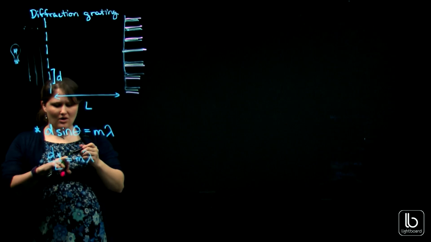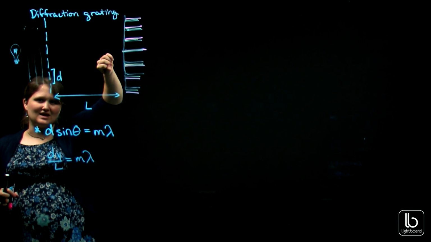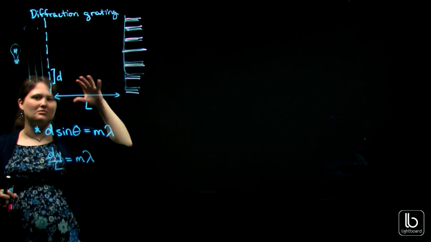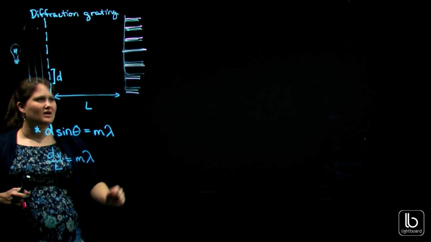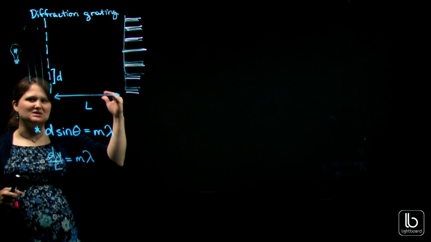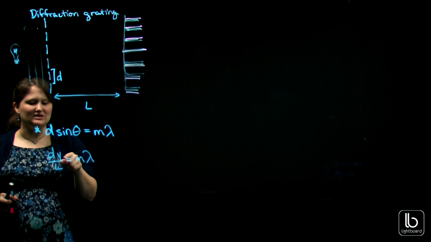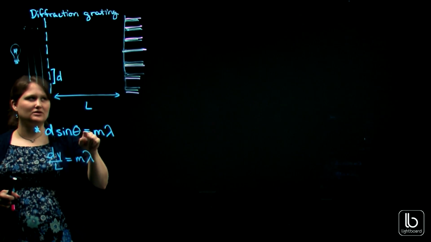And so effectively what I get is a spray of color, but not just a random spray of color like it comes from the light bulb here. This is very specific because specific wavelengths are going to hit at specific heights, at specific angles.